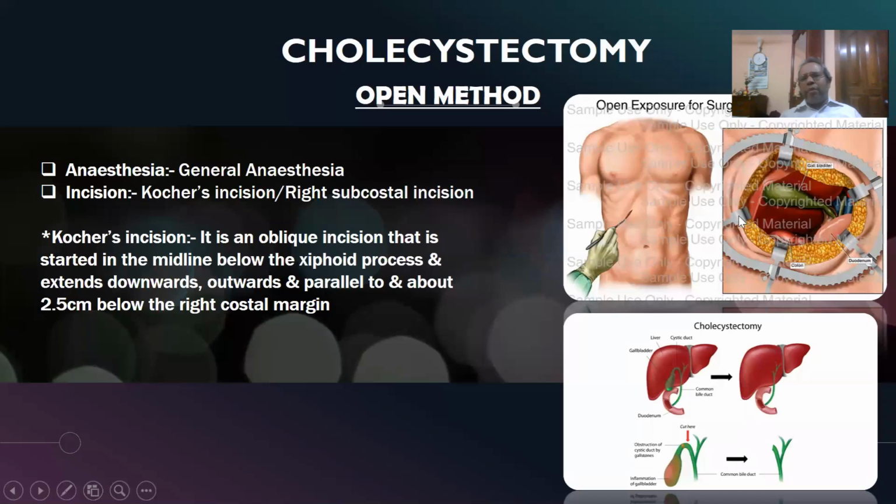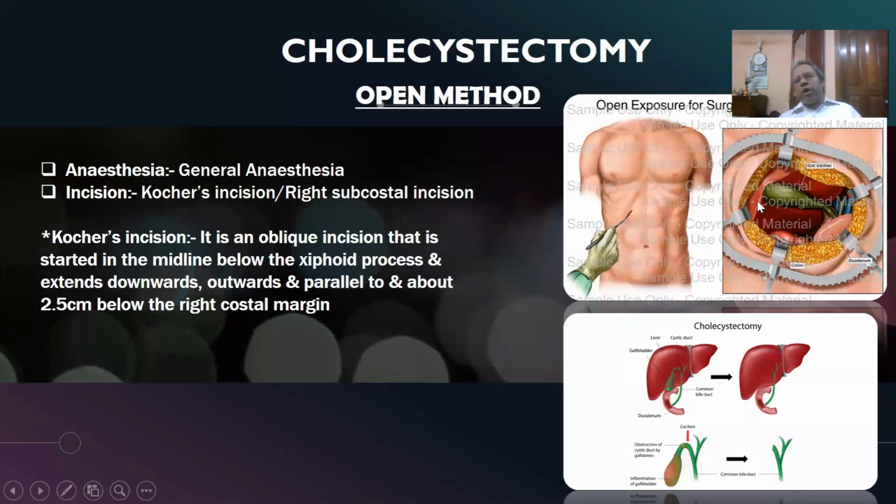If you retract with the retractors, such as the Deaver retractor and Morris retractor, the field is visualized and the gallbladder is seen. Then you place a mop over the duodenum and the transverse colon.